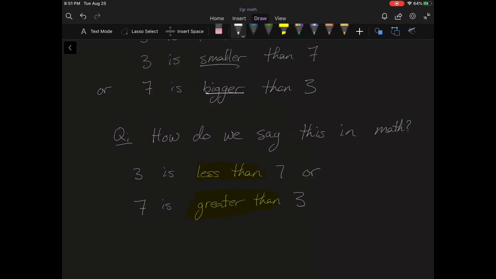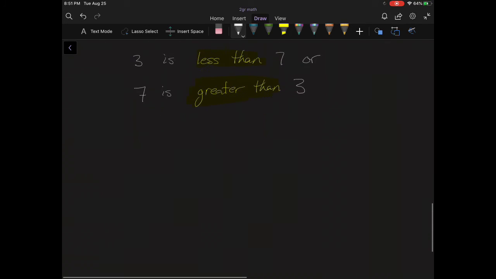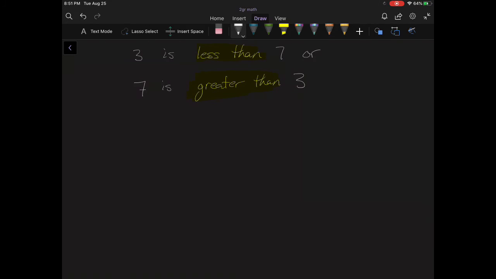Okay. And both are saying the same thing. One is saying 3 is smaller than 7, the other saying 7 is bigger than 3. We just use less than and greater than. Okay.